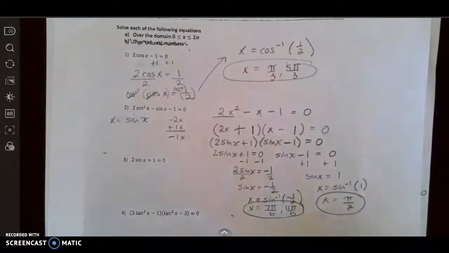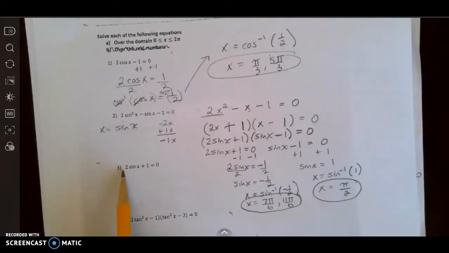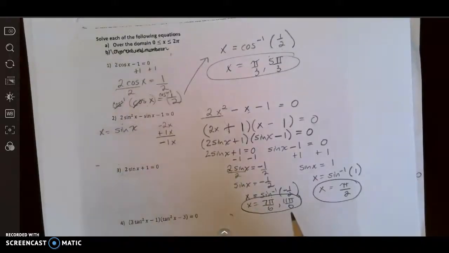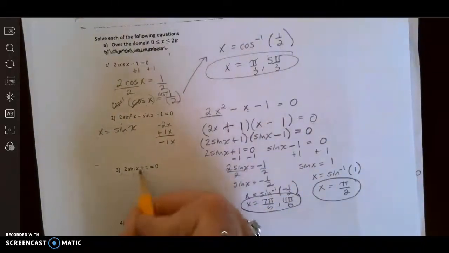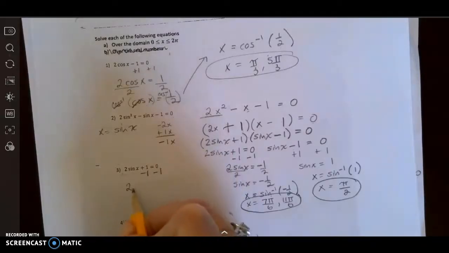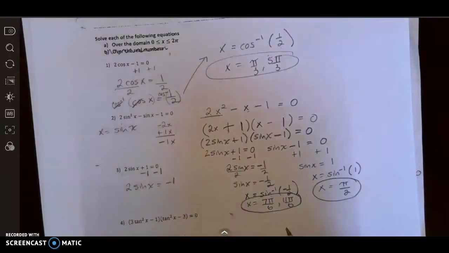All right, let's go to number 3. If you notice, this right here was one of my factors that I did right there. So this is just going to give me practice in doing this again. I'm going to go through my steps again. Subtract 1 from each side, and I get 2 times the sine of x equals negative 1.